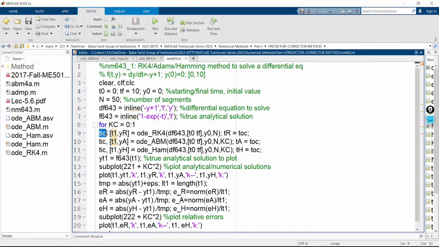So this will calculate the time for this method. Similarly, we find the solution for the ABM method, and the rest of the things are the same. You can note here. And similarly we have the ODE for the Hamming method. So this is the analytical solution.